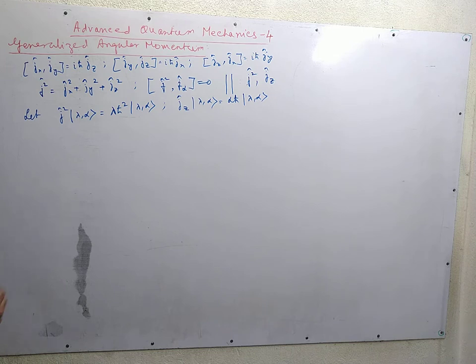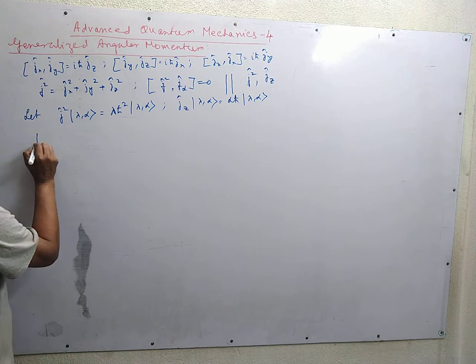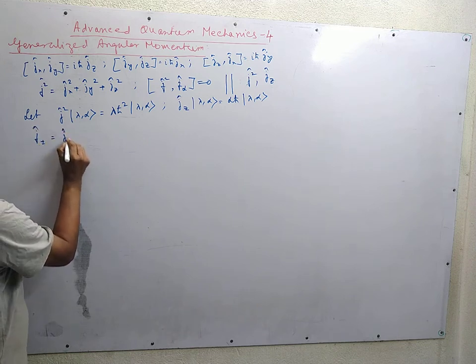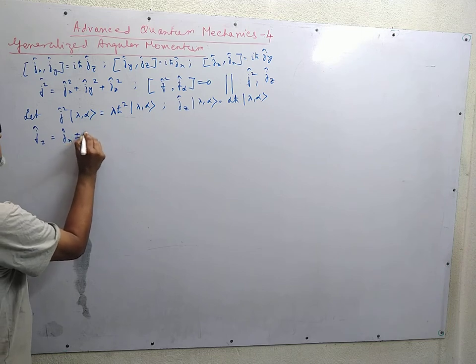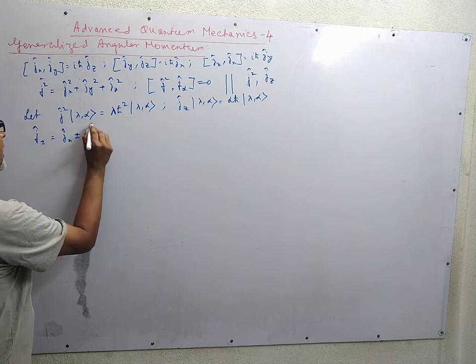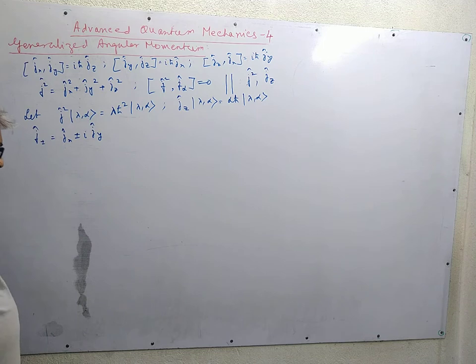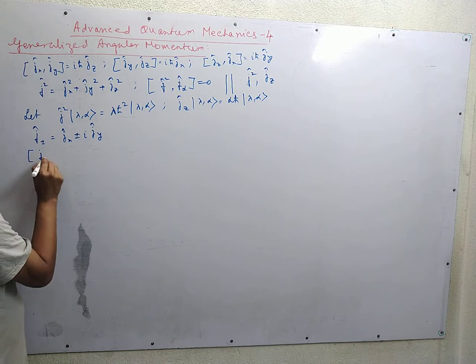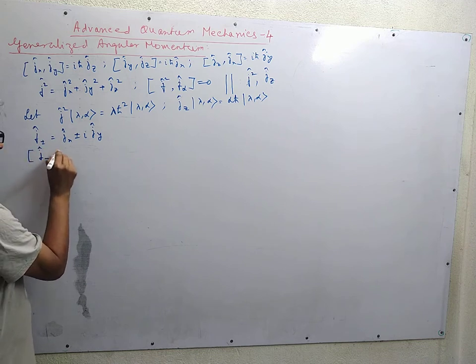Now the next step is to define the ladder operator. J± is equal to Jx ± iJy, and consider the commutator of Jz with J+.